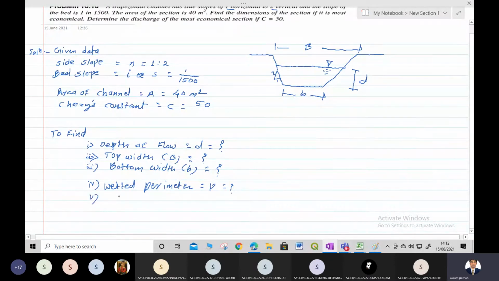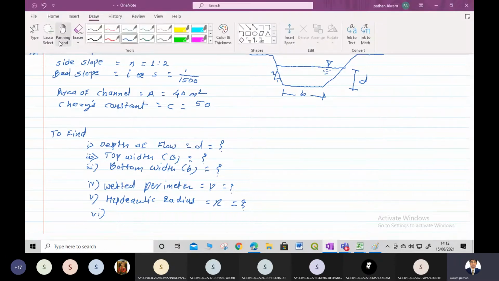Then we have to find out the hydraulic radius or hydraulic mean depth, that is capital R or M. Then we have to find out, what else we have to find out?